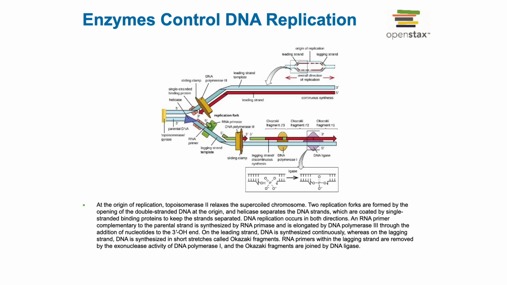Other enzymes do things like start things off, there's a primase. They separate and unwind the strands. DNA gyrase and helicase do that. And then because the enzymes don't work continuously, the primer has to be taken off and the strands have to be healed. DNA ligase does this.